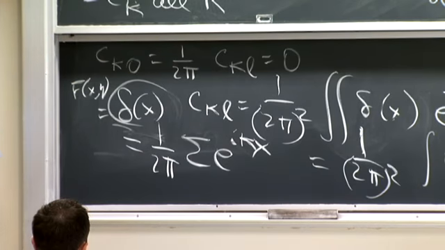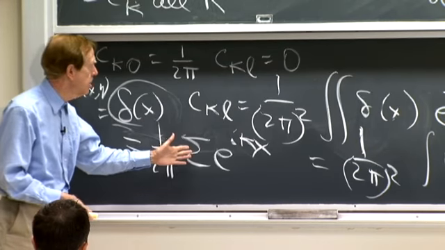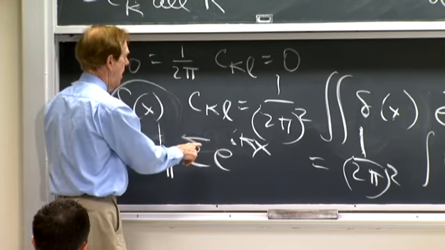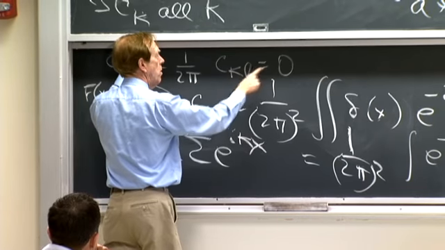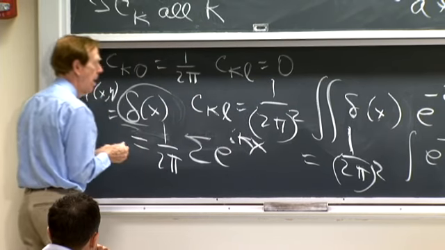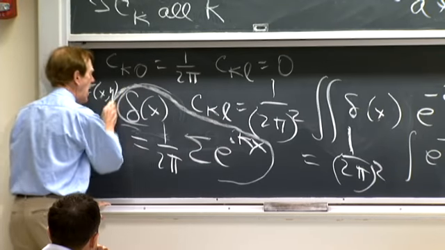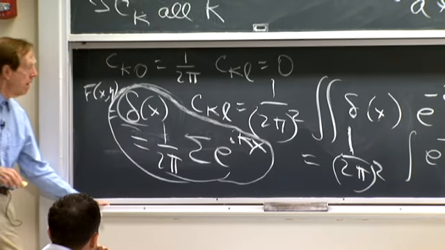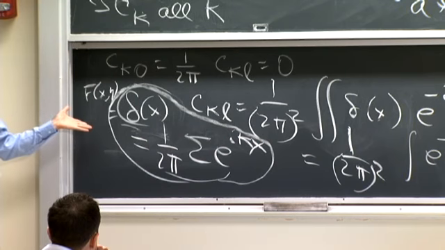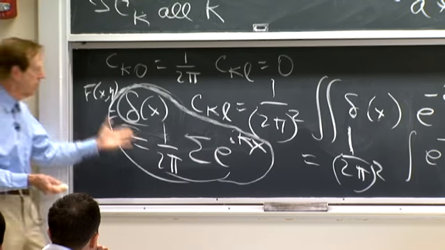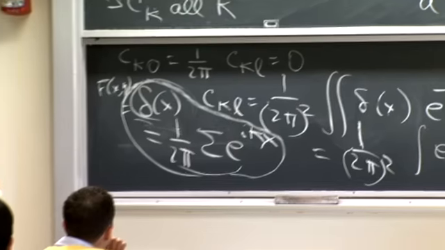Do you see what's happened here? It was supposed to be a double sum, but the ones when L wasn't 0 aren't there. So for a line of spikes, a line of deltas, it only depended on x, so the Fourier series is just the one I already know.